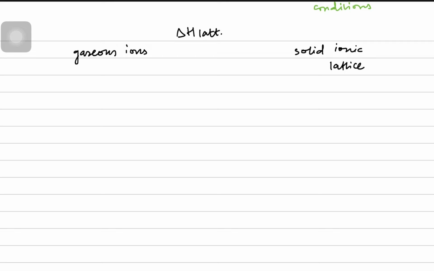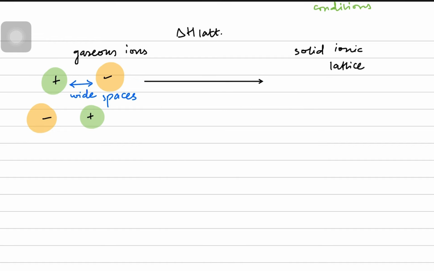So imagine the gaseous ions, for example, there are multiple gaseous ions over here which are positive and negative ions, and they are isolated, so obviously there are white spaces between them, and these are like any other gaseous particle would behave. But when they combine together, they try to make a proper ionic lattice which perhaps more or less looks like this.